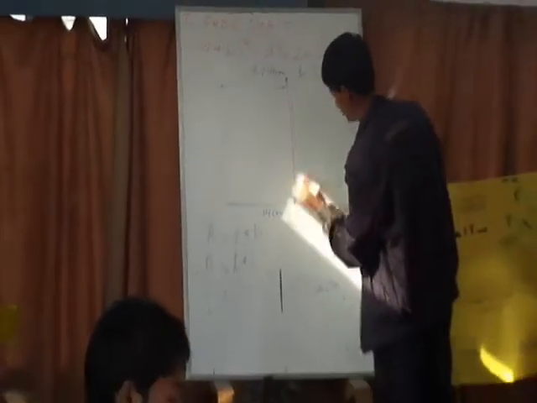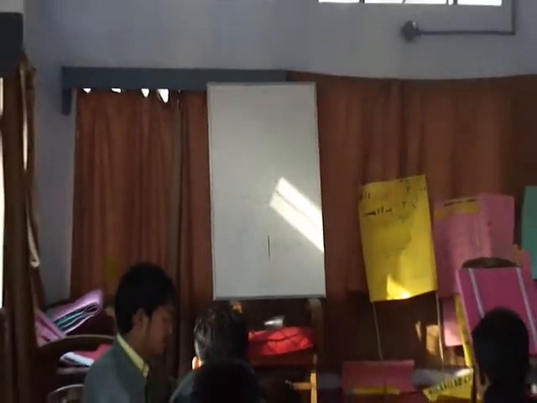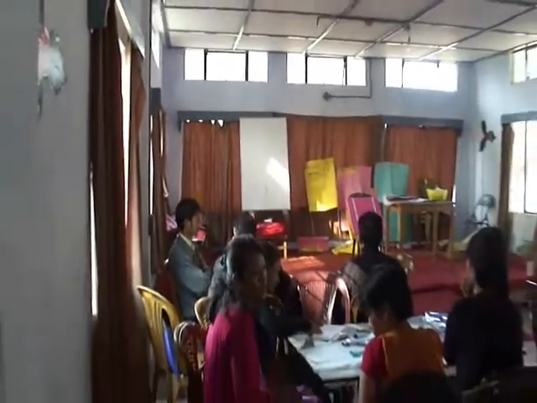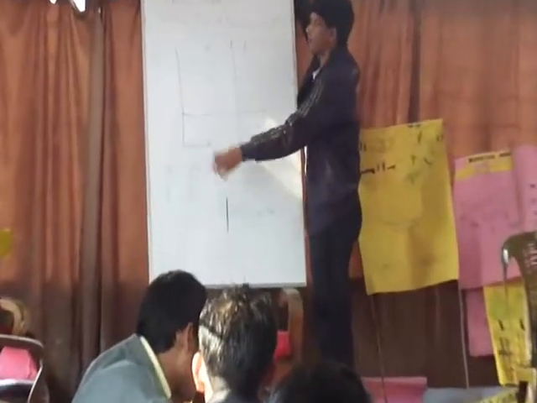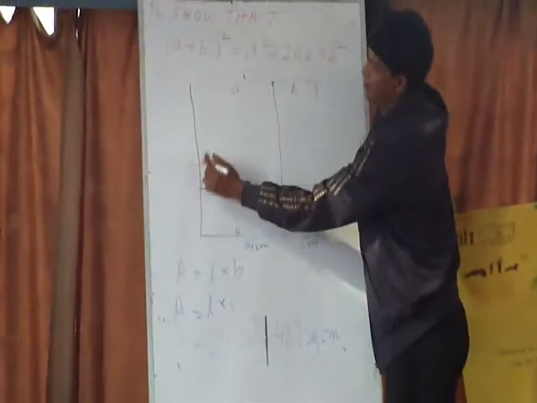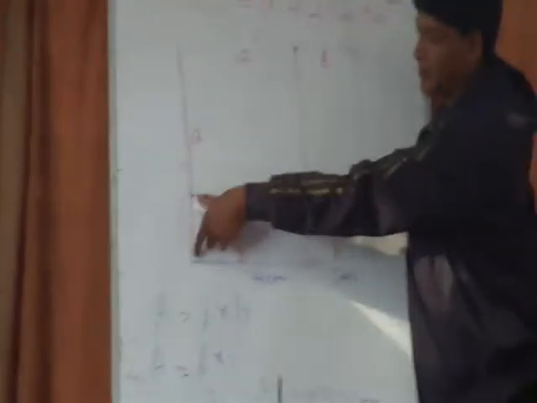It will become dots in it. How do you understand it? Along the breadth, the same unit 14, isn't it? So this is also a units. What is this remaining portion?